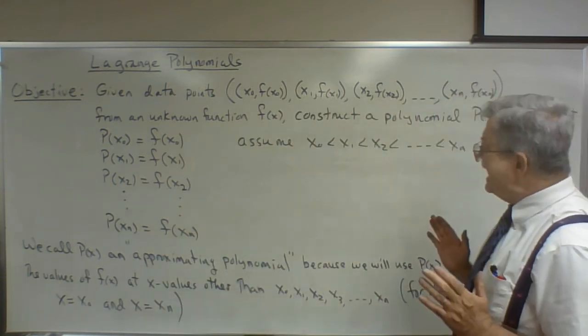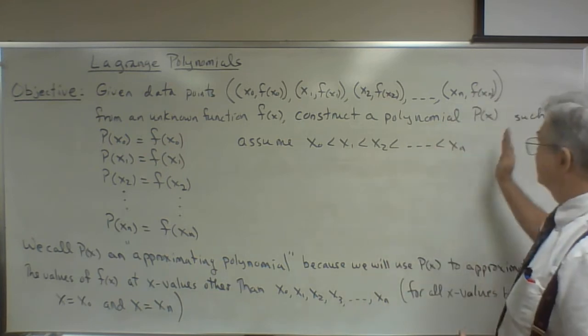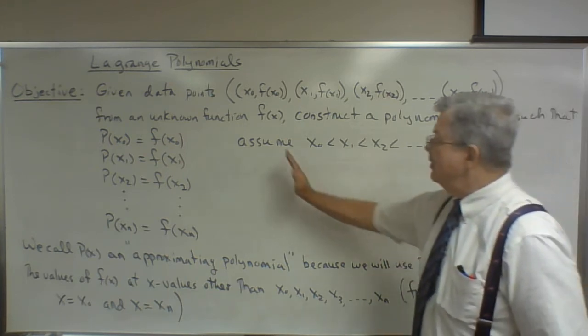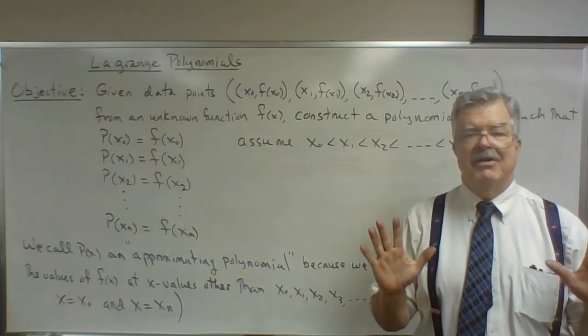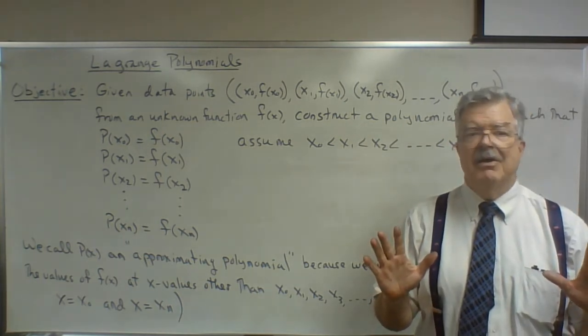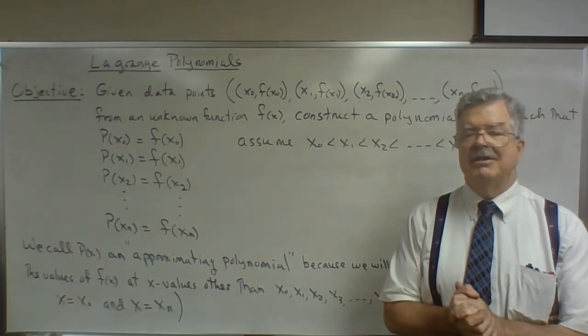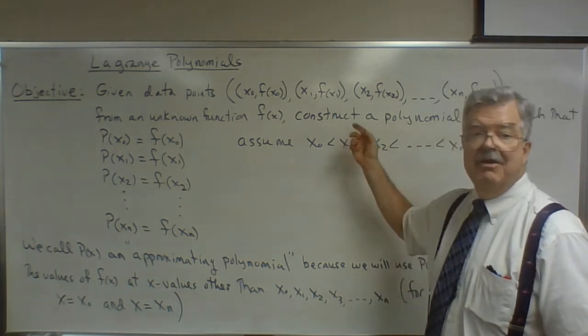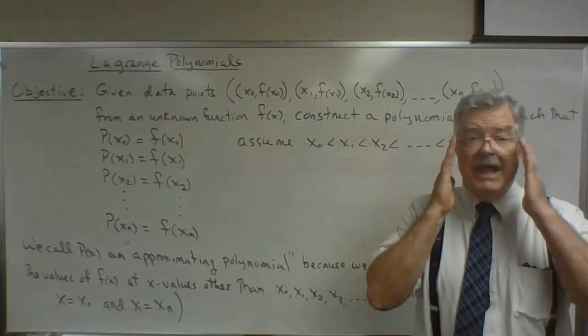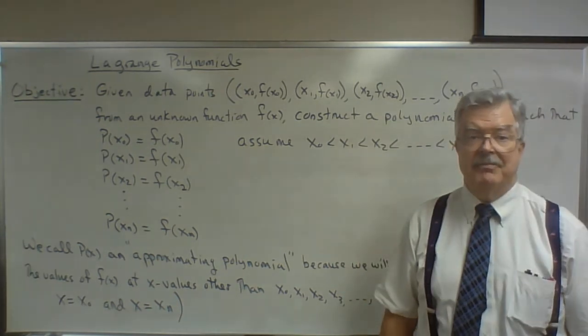So for any x values greater than xn, or less than x naught, we guarantee nothing. We don't guarantee that our polynomial will approximate the unknown function with any degree of accuracy or anything like that.